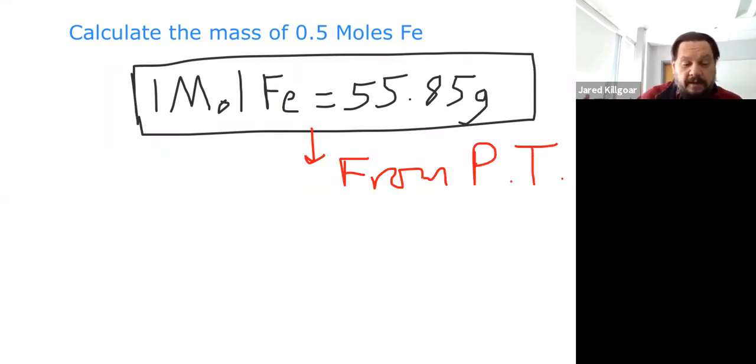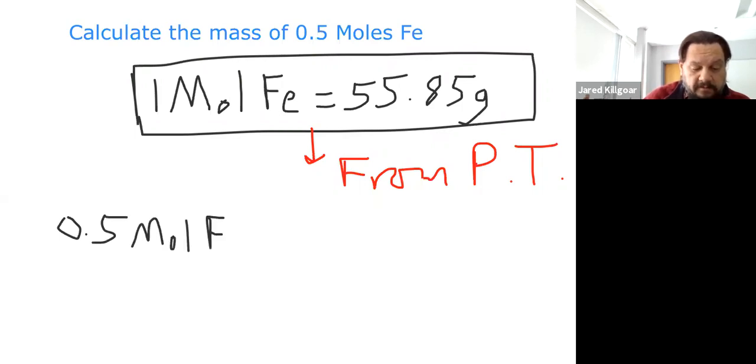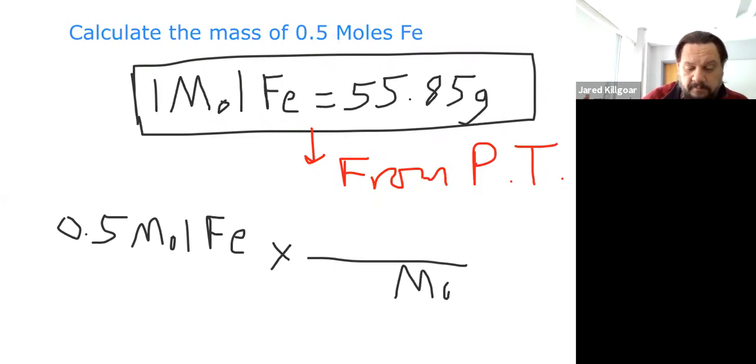And I can get my mass of, I have 0.5 moles of Fe. And again, I'm going to put my moles of Fe in the bottom and my grams of Fe on the top.